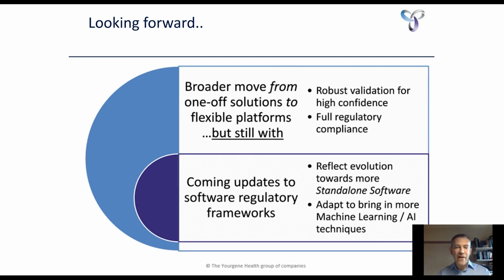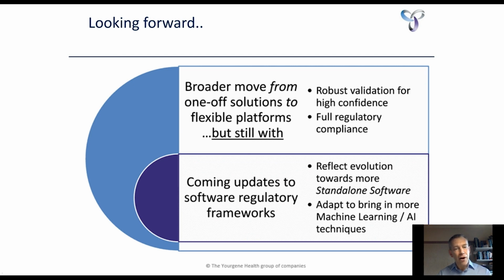And also there's very interesting work going on to adapt these standards so that we can bring in more machine learning and AI techniques. A pretty difficult thing to do with the regulated software development process as it is, because if a system is learning for itself, how do you validate it? How do you control exactly what it's doing?